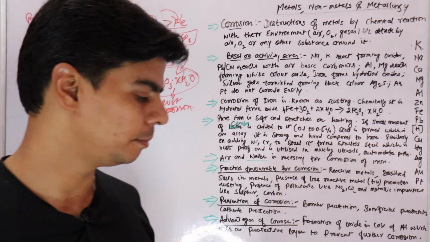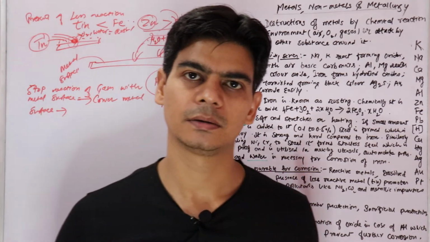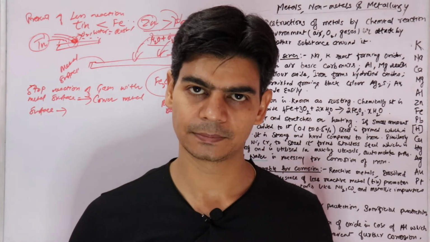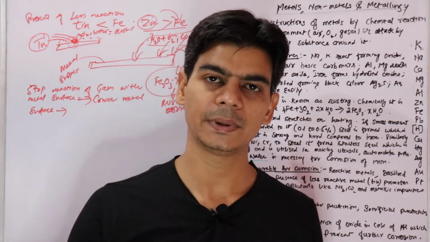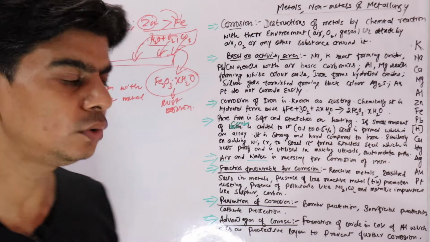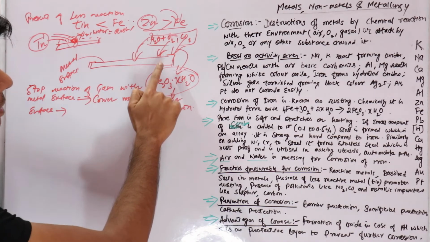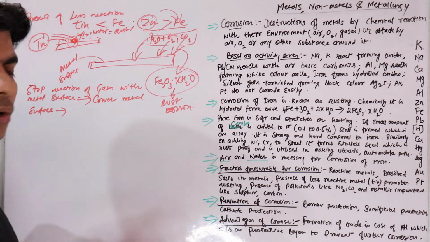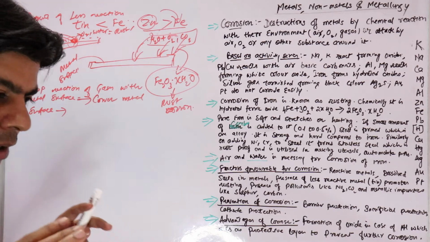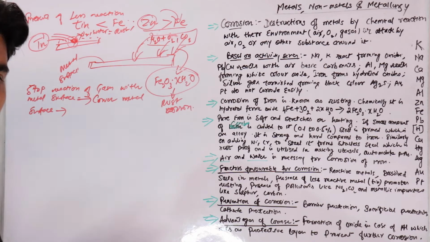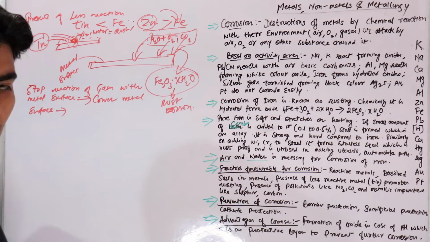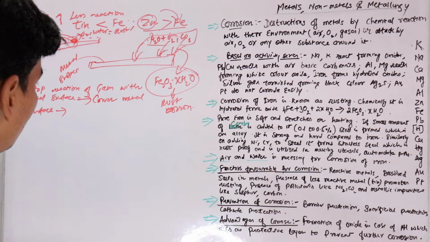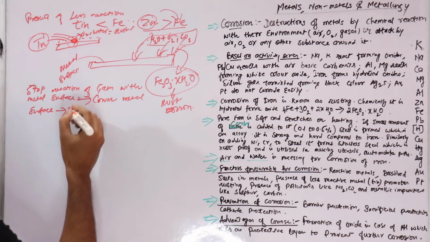When iron materials are painted, oiled or greased, you apply grease on it, you apply oil on it, or you paint it, what you are basically doing is preventing this metal surface from coming in direct contact with air, because if it does not come into direct contact with air, it will not react with these air components to form hydrated ferric oxide, which is rust. So cover the metal surface. How can we cover the metal surface?